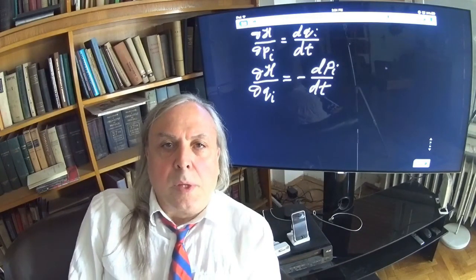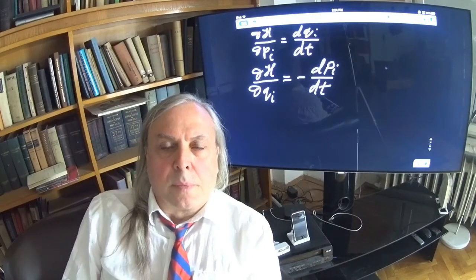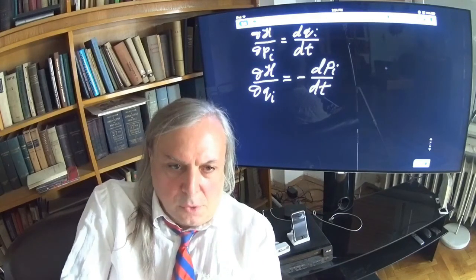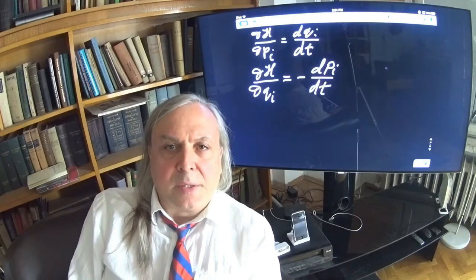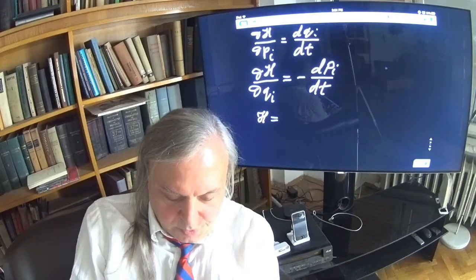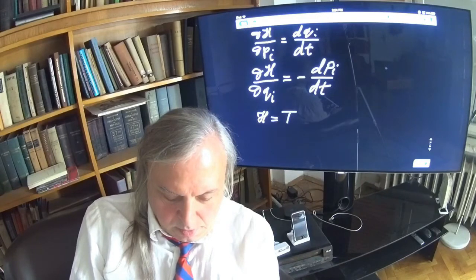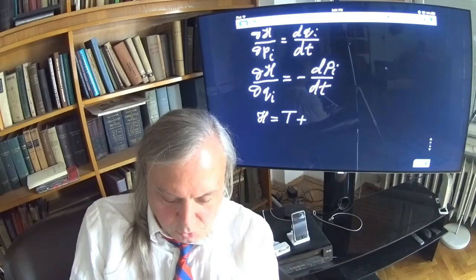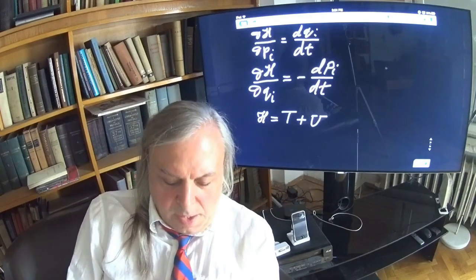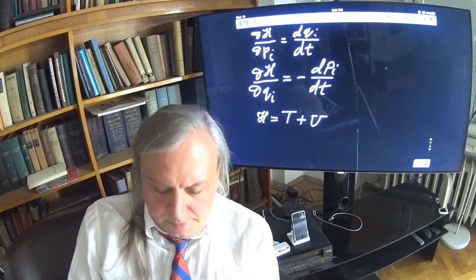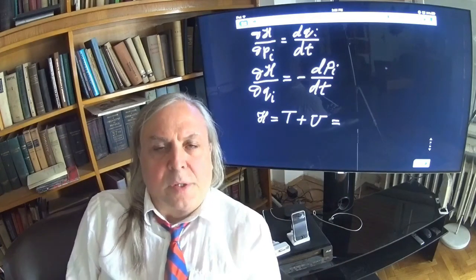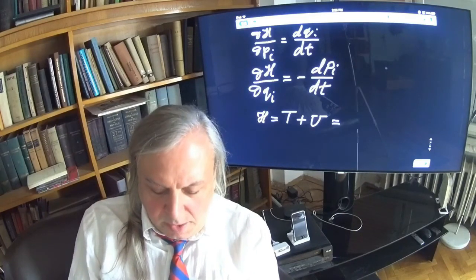Now, if conservation of energy is obeyed, as is the usual acceptance in mechanics, then we'll have H equals T plus U, where T is the kinetic energy of the system and U is the potential energy of the system, which, if conservation of energy is obeyed, must be a constant.